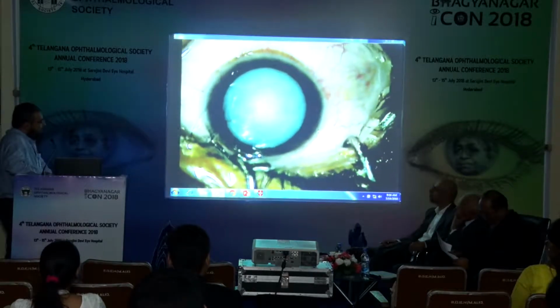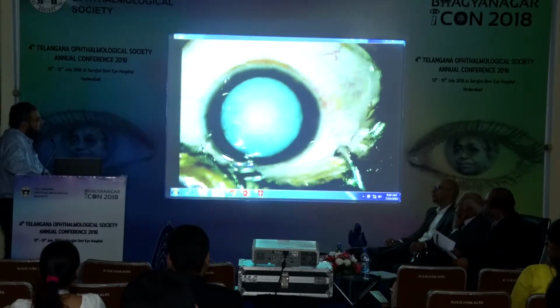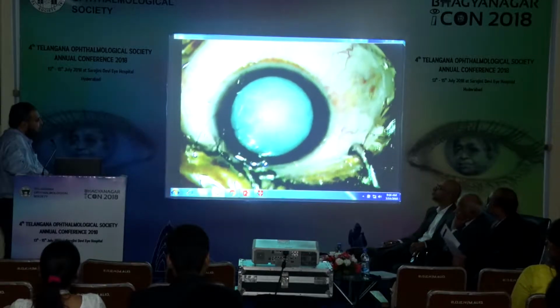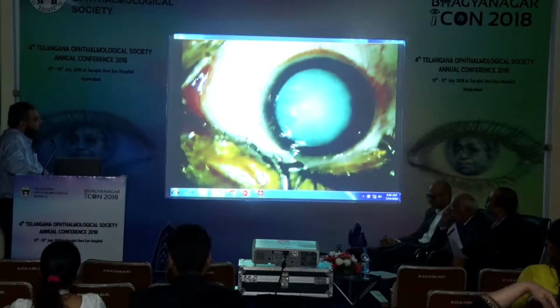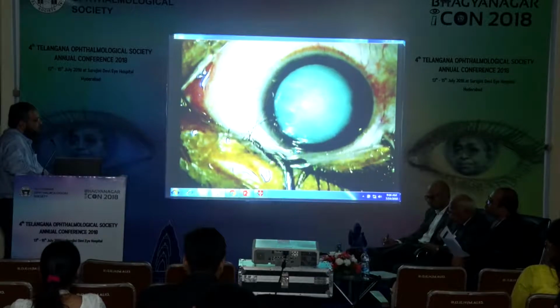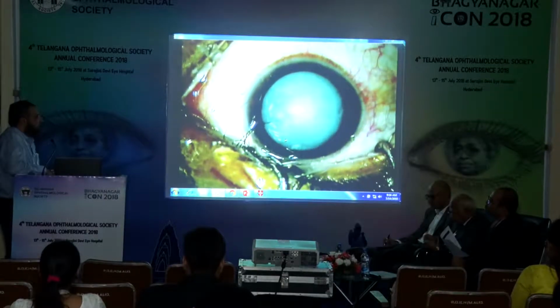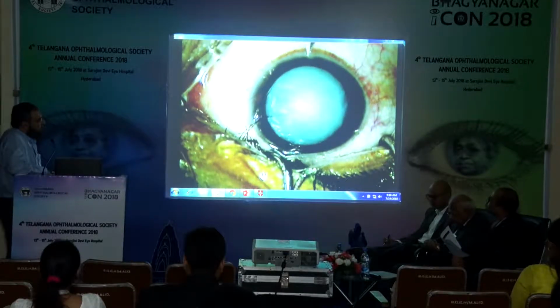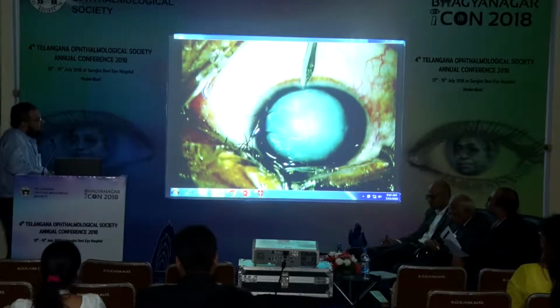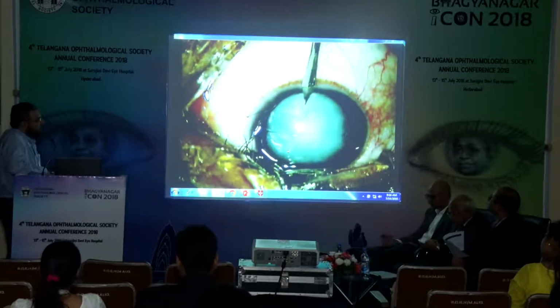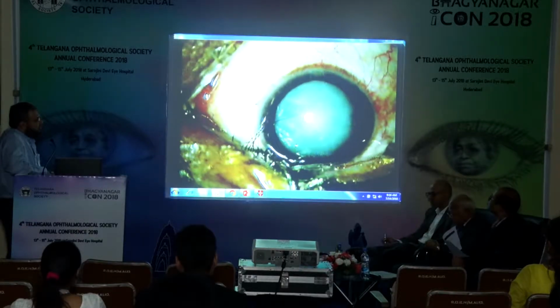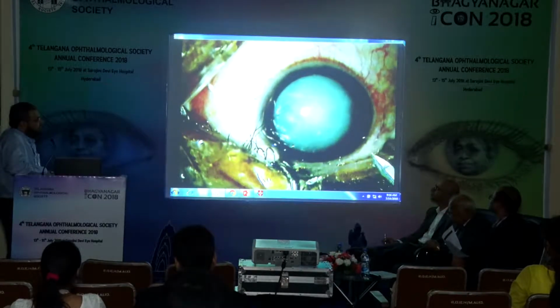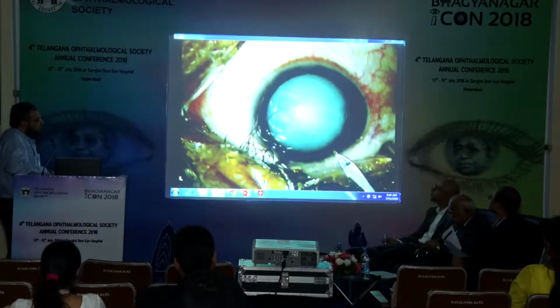But it is likely to present with this intumescent sort of appearance, and the same precautions that are taken while doing an intumescent cataract surgery have to be taken here. So I prepared the patient pre-op with glycerol, 1 gram per kg of body weight, and again I am doing a temporal clear corneal surgery.